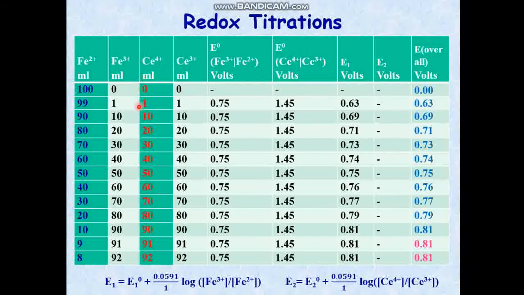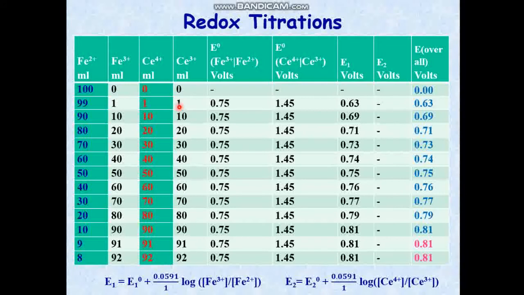Now if you add 1 milliliter of 0.1 molar cerium 4 plus solution, it will immediately oxidize 1 ml of iron 2 plus to produce 1 ml of iron 3 plus, and itself it will become cerium 3 plus. Since there is no cerium 4 plus remaining in the solution, the cerium system will have no contribution towards the overall electrode potential of the system.